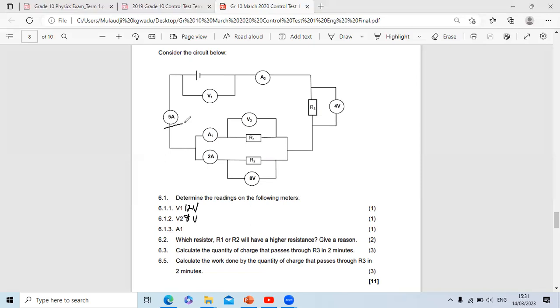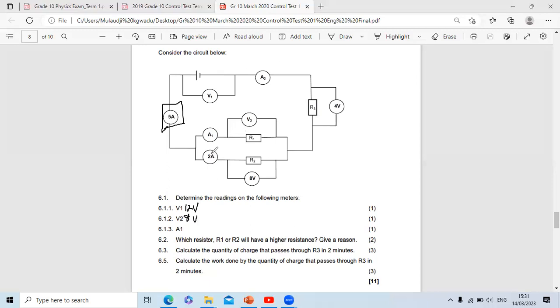And the overall current going through the circuit is 5 amperes, because as you can see, this is not plugged to any resistor, but this one is plugged to R1 and this one is plugged to R2. So basically the reading on A2 is the same as the reading on this ammeter. So we know that there's 5 amperes of current flowing through the circuit.